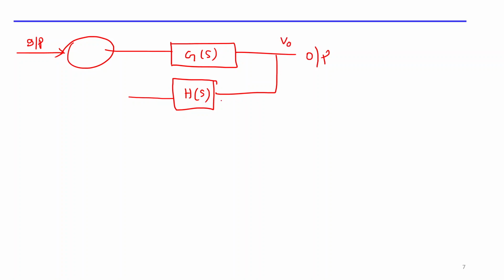I'm sensing that voltage, the sensor having a gain H of s, and you are feeding that back to the reference signal which is your input. Let's make this plus and minus, and this error is coming as E of s. Now if you need to find out this E of s, how do you find out E of s with respect to input U of s?